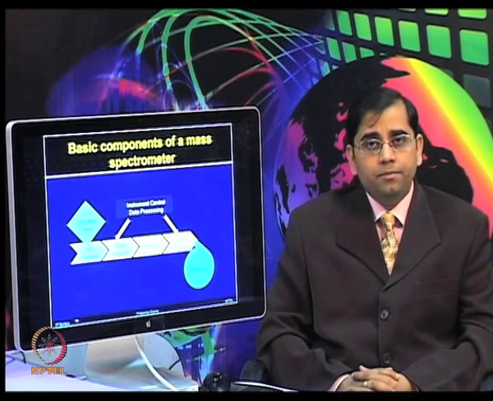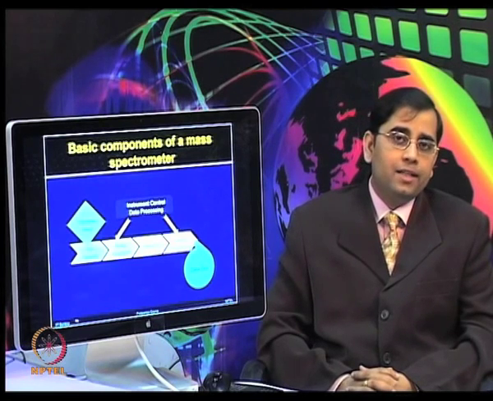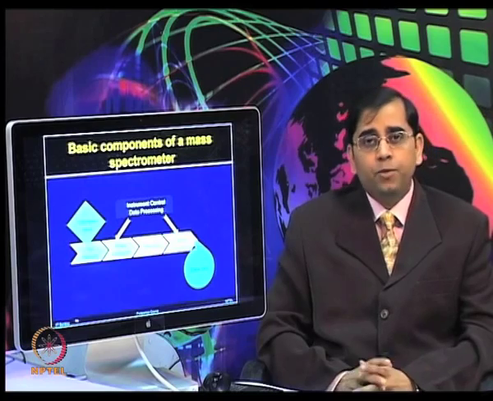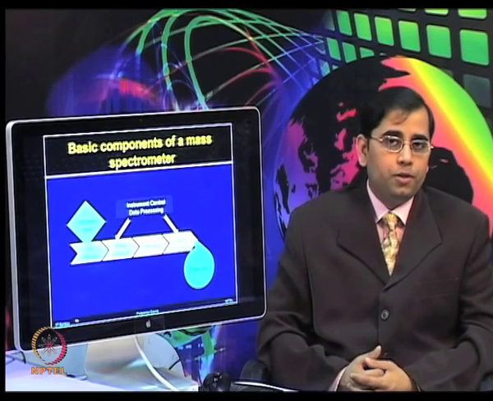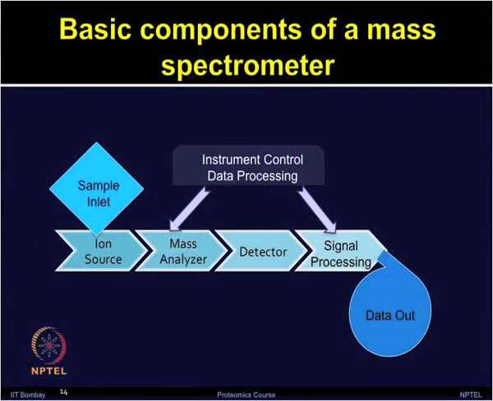The data system records, processes, stores and helps to display the data output. So, although there are three major components involved, ionization source, mass analyzer and detector, there are some accessory components which are also equally important for doing mass spectrometry based experiments.